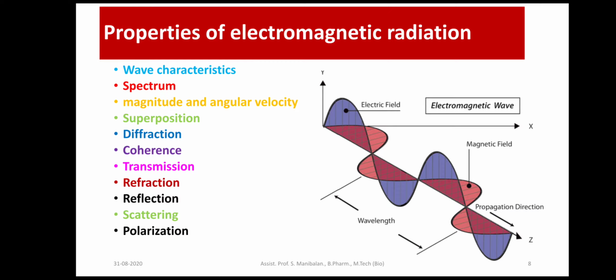And the angular velocity, which is most important: the light passes in a straight direction, but the particles in that straight direction move with a rotational movement, like how fluid flows in a pipe. So in such a way it is traveling; it cannot go like an arrow in a straight line, but it is rotating.